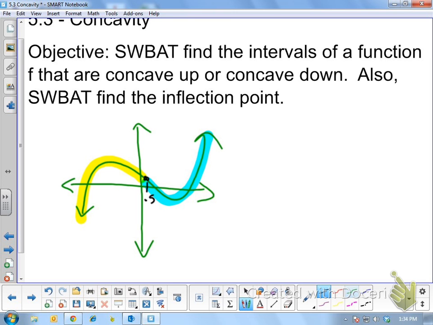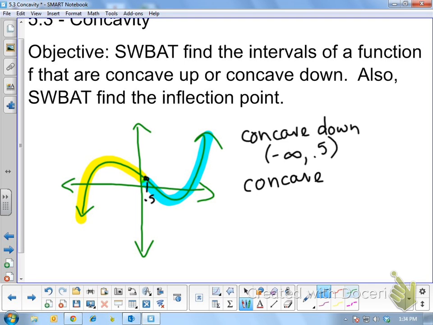We would say our function is concave down from negative infinity to 0.5, and concave up from 0.5 to infinity.